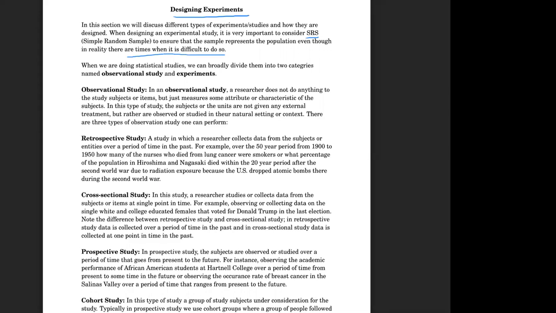What is an experiment? Of course, it is a controlled study. So you create some sort of controlled environment, and in that controlled environment, you give the subject some sort of external stimulus, and then you study their behavior or their outcome.